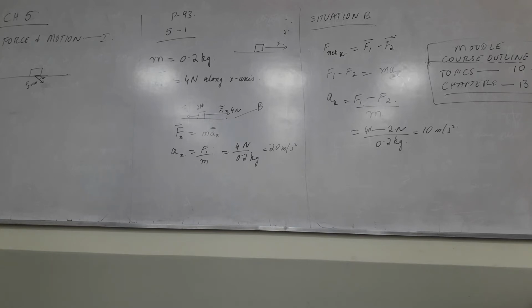And in situation 3, the other force that is acting on this body is F2. This one is here, F2 is equal to 2 newtons. So, these are the forces in this case. Again, these are vectors, so we will draw the vector signs.